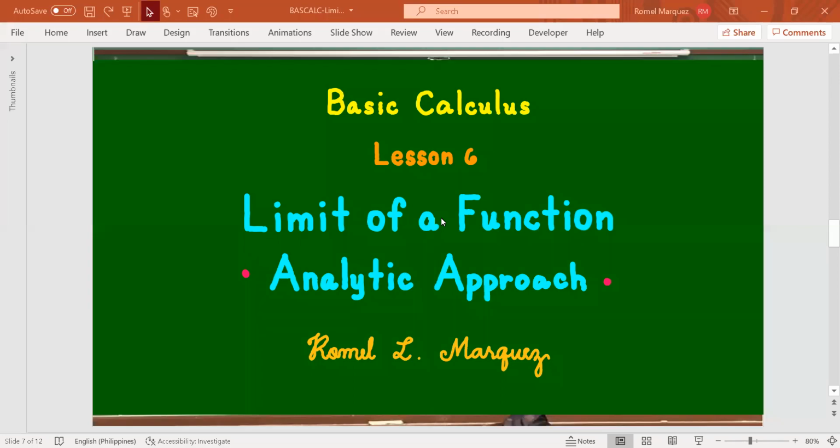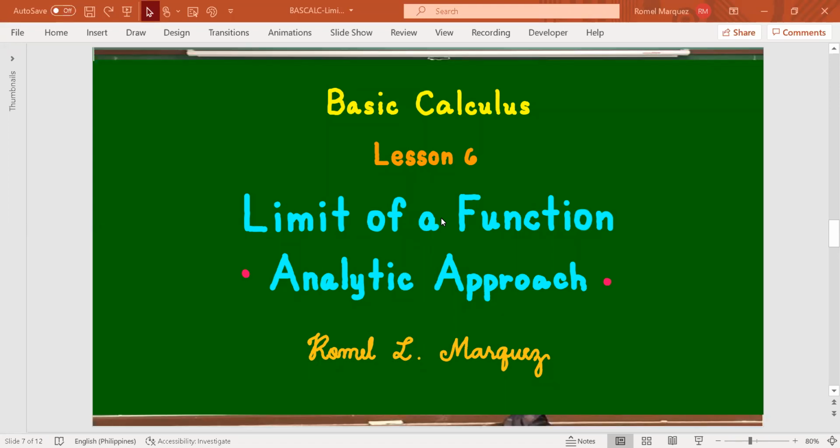So last time I started introducing to you the algebraic or analytic technique of determining limits, guided by some theorems and other principles that will enable us to evaluate limits without having the graph or a table of values coming from the left and coming from the right.